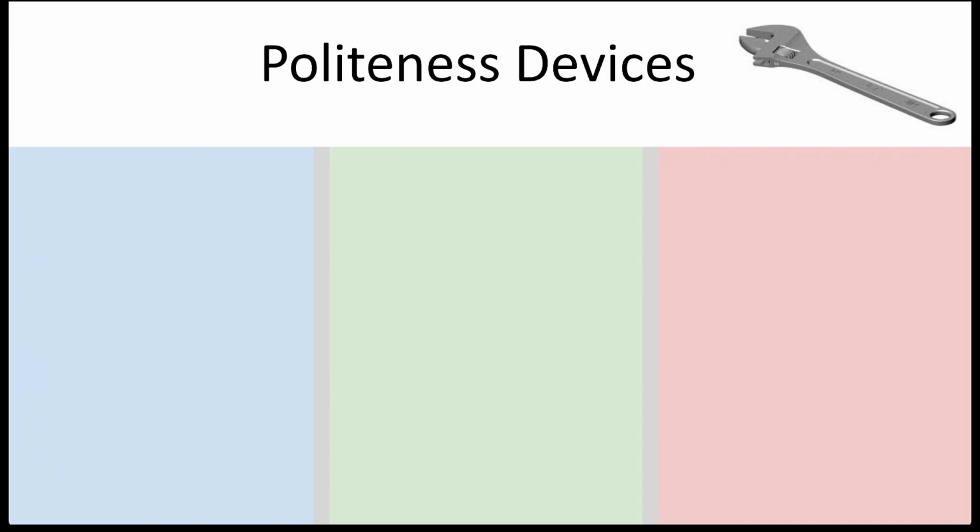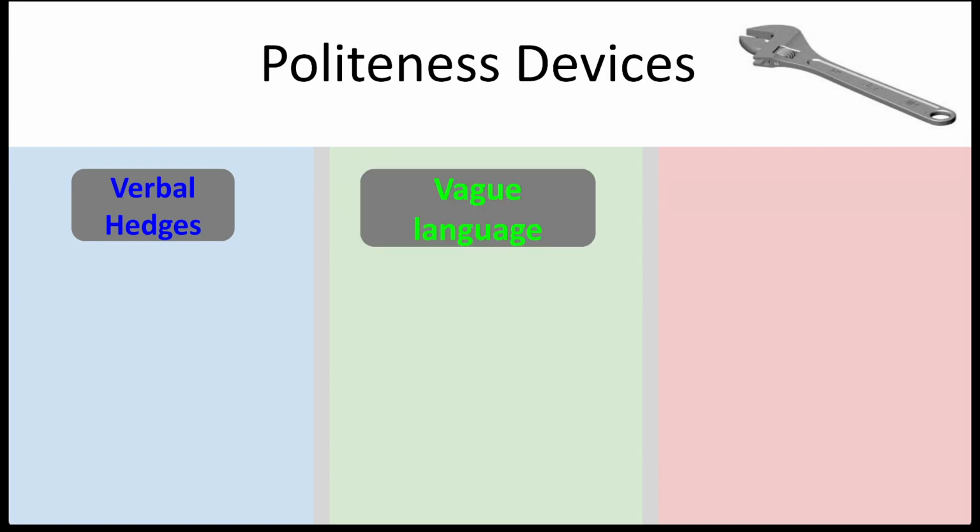So we have 3 different types of tools. We have what's called verbal hedges. We have vague language. And we have discourse markers. Okay, so verbal hedges, vague language, and discourse markers.